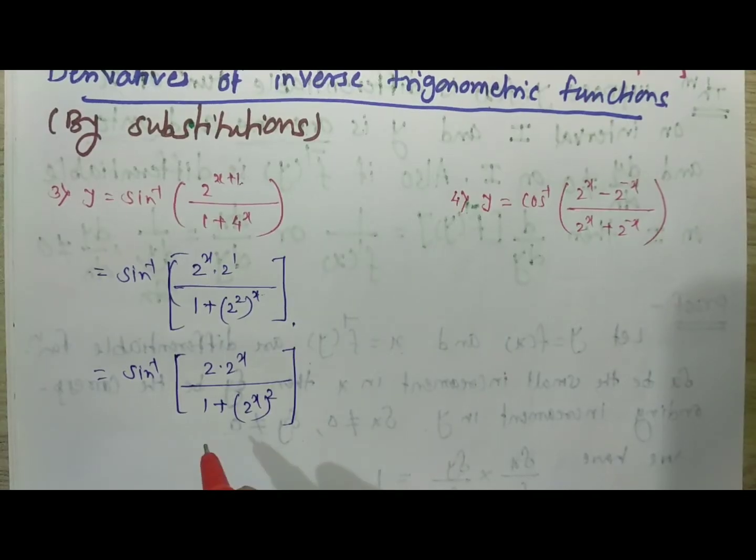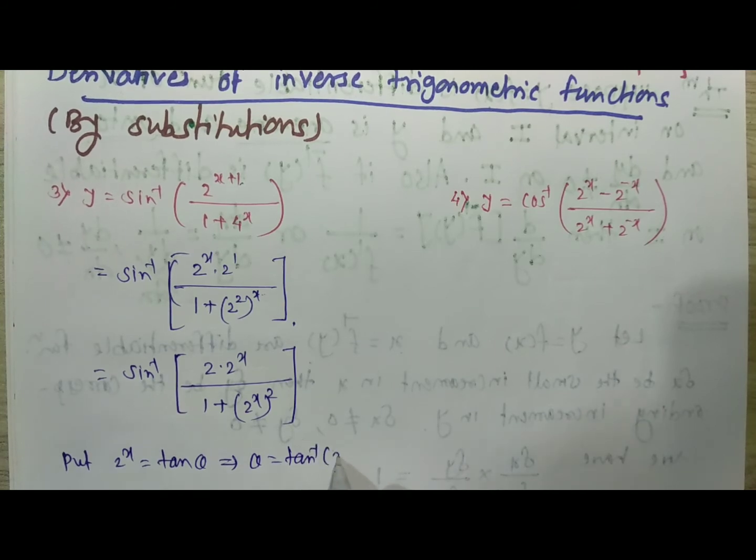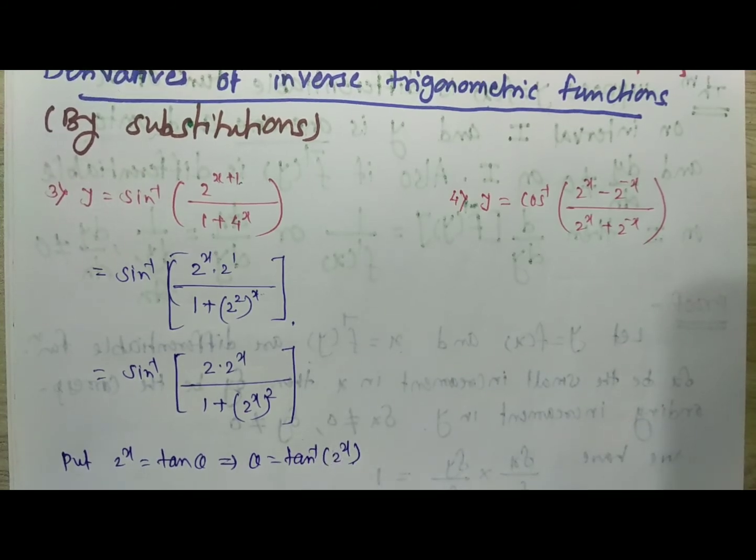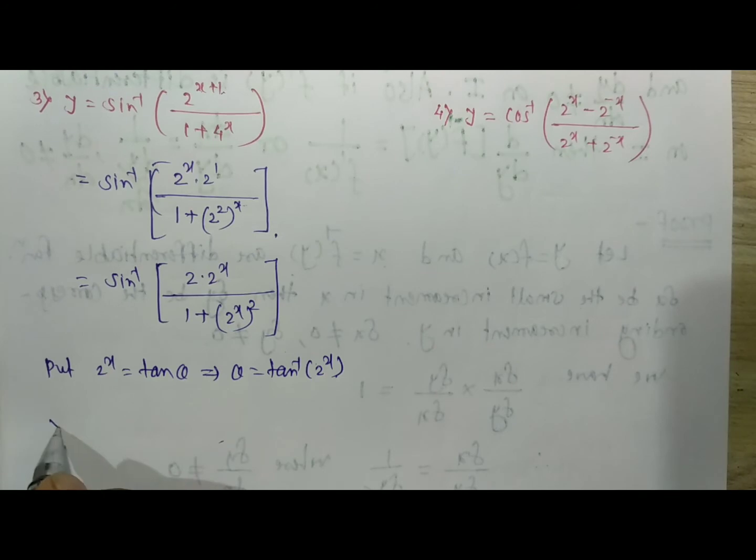Now we put 2 raised to x equal to tan theta, and it implies that theta is equal to tan inverse 2 raised to x.